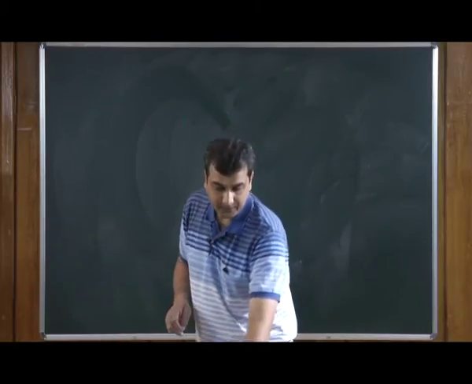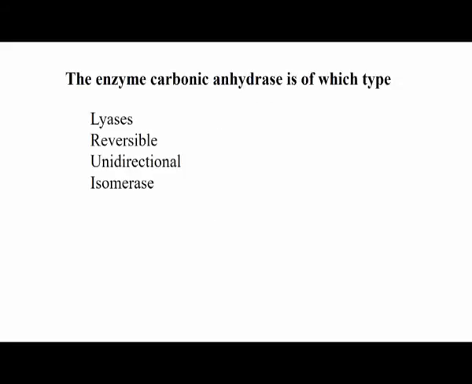So, the next question here is regarding the enzyme carbonic anhydrase, and one has to understand that this particular enzyme is reversible in nature. I have just given some options like lyase, reversible, unidirectional and isomerase, but the right option is... lyase and isomerase are enzymes classified by direction.